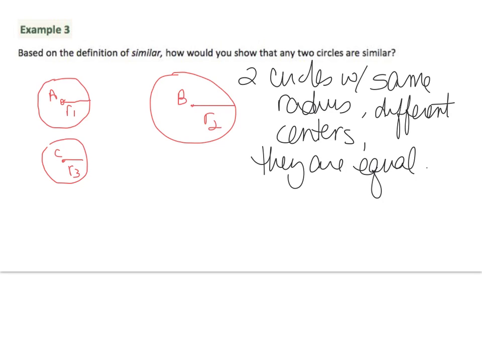We know that, let me get a different color here. So I'm looking at circle A and circle C. Radius 1 is equal to radius 3.